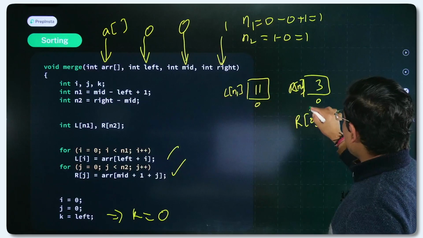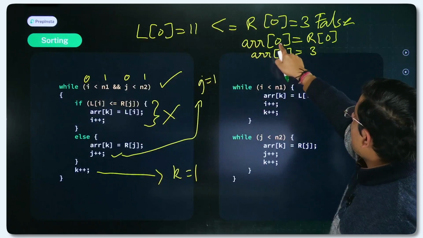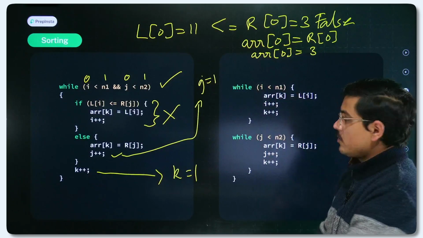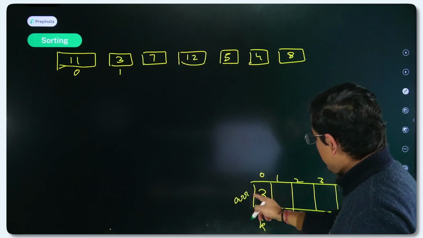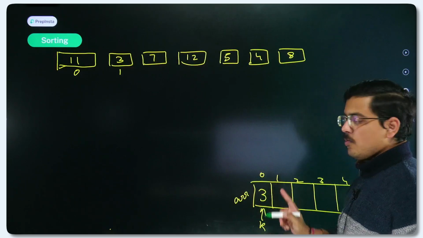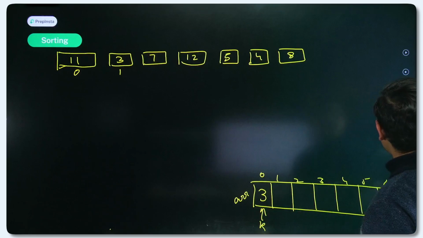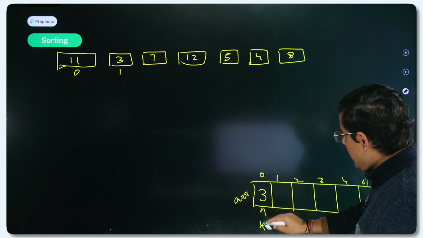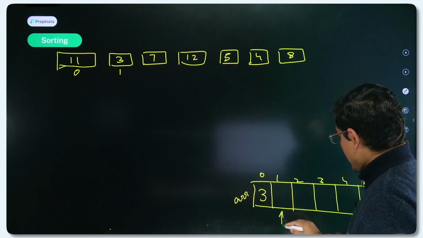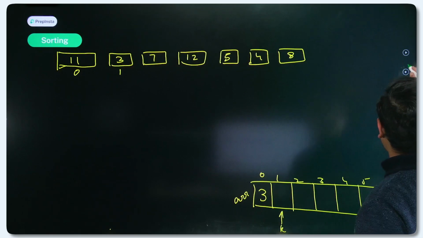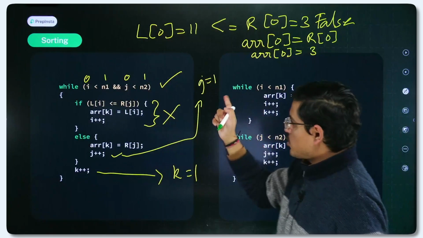If you carefully see, this was R of 0, and here you have assigned R of 0 to array of 0. So this is array ARR, and for this on 0th index you put 3. Now after this you incremented K. So now K is pointing at this place at 1. K is 1 now, and J is also 1 now.